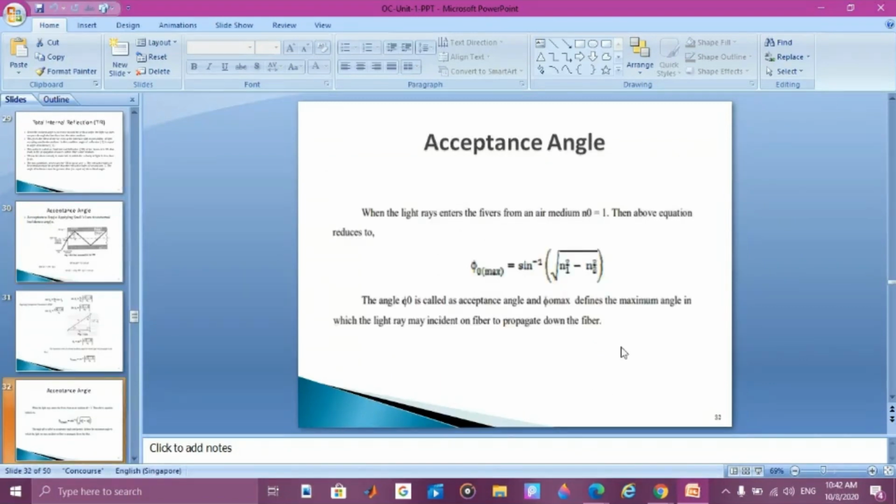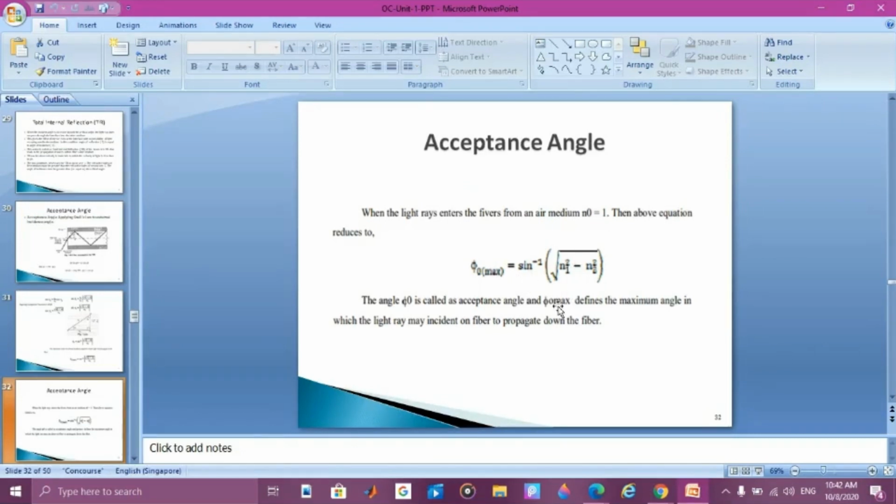So when the light ray enters from an air medium, n0 equals 1, the refractive index of air is 1. Then the above equation reduces to phi naught maximum equal to sin inverse of root of n1 square minus n2 square.